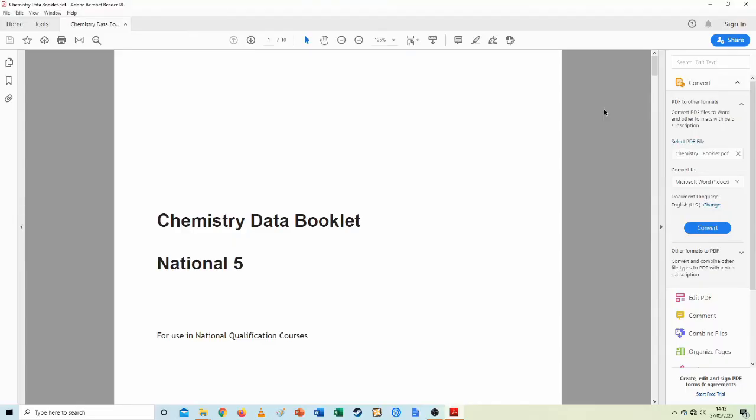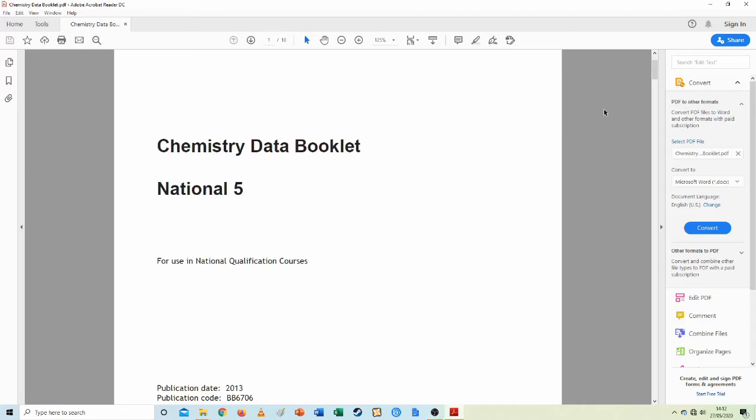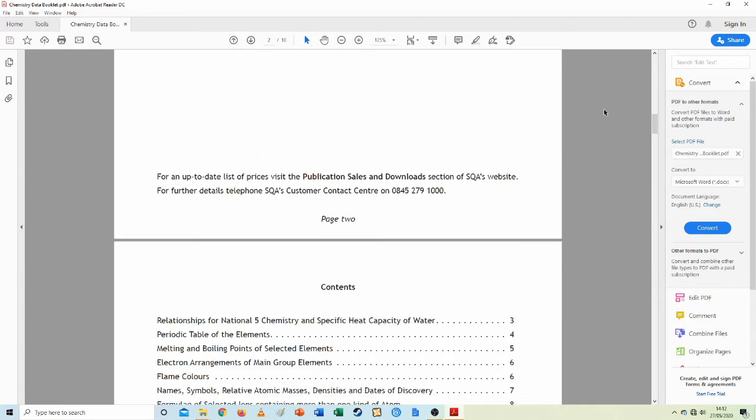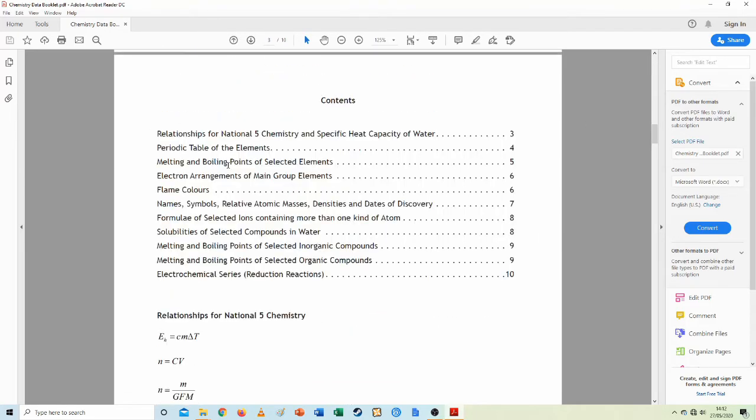Right, so now that we're looking at the relative atomic mass, the data booklet's really key for this. If we scroll down, once again, you will need to use this in the exam, and it's really important that you get used to it.